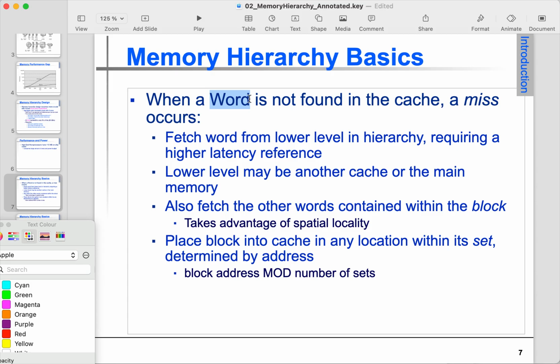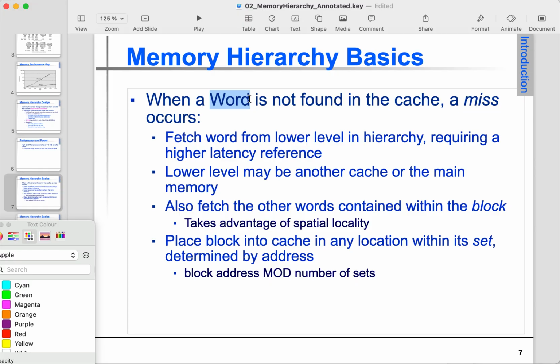So if it is a 32-bit machine, the word would be 32 bits. If it's a 64-bit machine, the word would be 64 bits. If we are looking for a piece of memory or parts of the instruction or parts of the data of the application that it needs to run, and if we're not finding it, a miss would occur.